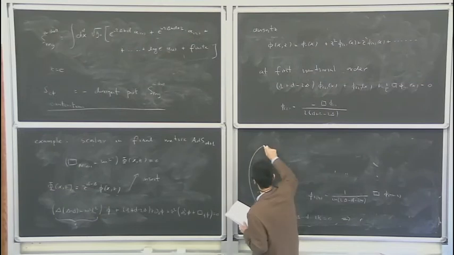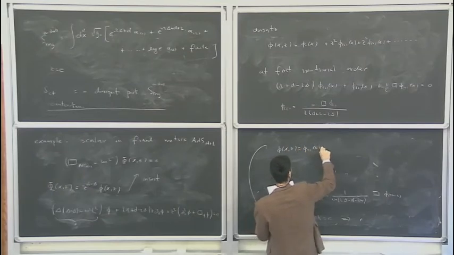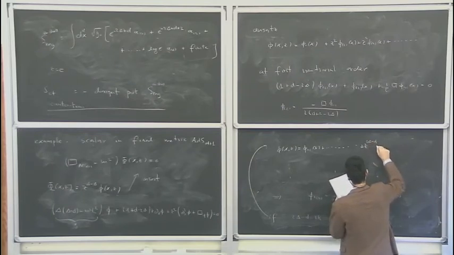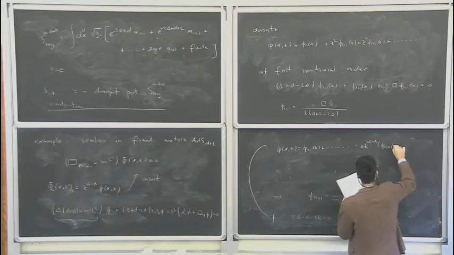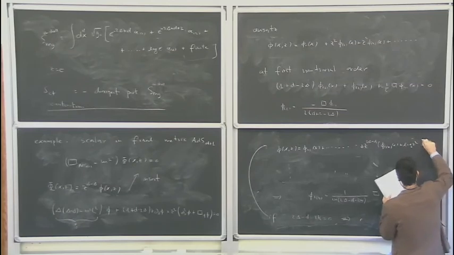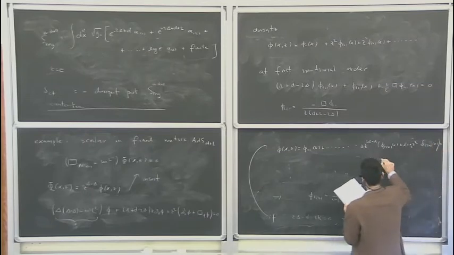So if this is true, then phi of x, z is equal to phi 0 of x, dot dot dot, plus z to the 2 delta minus d, phi 2k of x plus log z squared, and then there is a new term which is called phi twiddle 2k of x, and then the parenthesis closes and the dots continue.